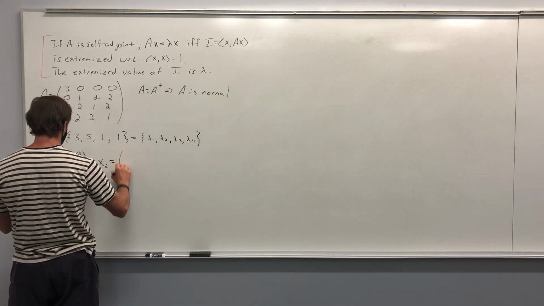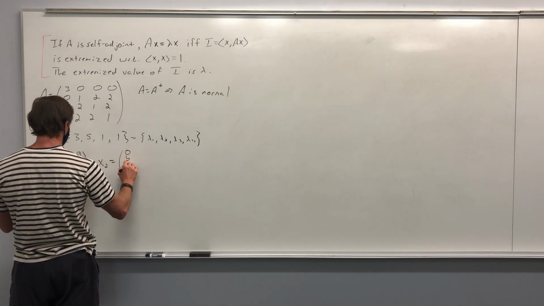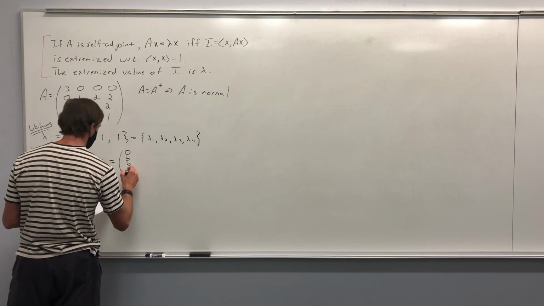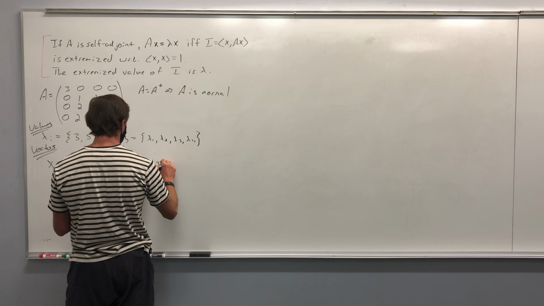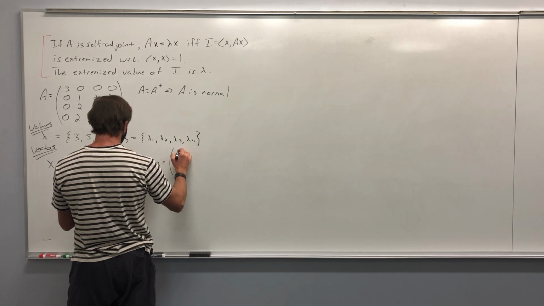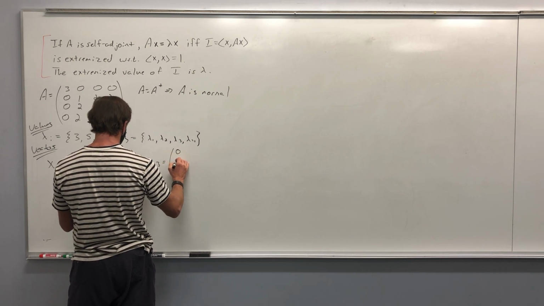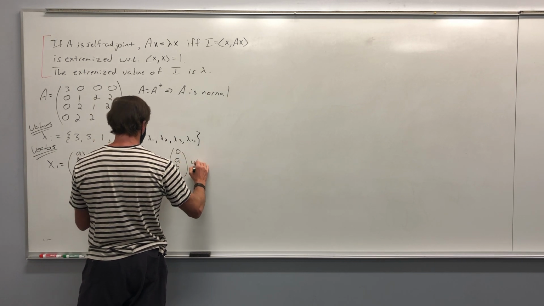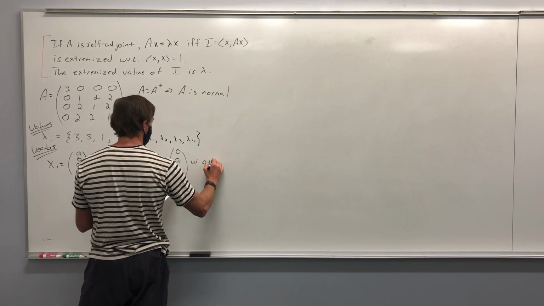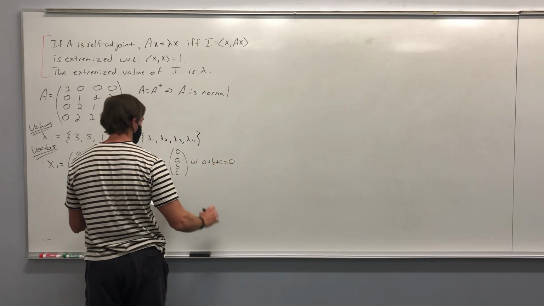x2 is 0, B, B, 0. x3 is 0, A, B, C, with A plus B plus C equals 0.